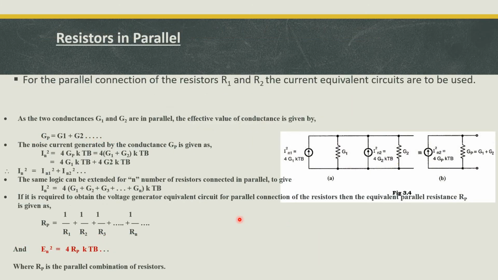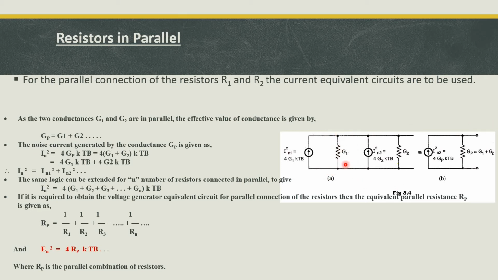In a similar manner, we are going to calculate the noise if the resistors are connected in parallel. For the parallel connection of resistors R1 and R2, the current equivalent circuits are used. You can see the corresponding circuit diagram.